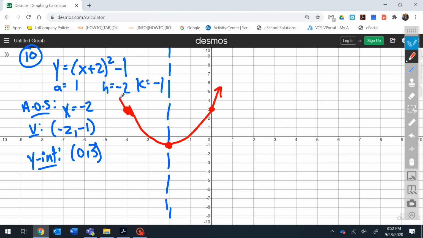I should be able to see where these cross the x-axis, even if I don't draw my graph perfectly. I can see I've got two intercepts here. These are my solutions. I have two solutions, x equals -3 and x equals -1. Those would be my two solutions to the equation because they are my x-intercepts.